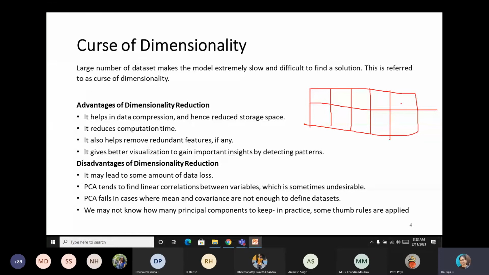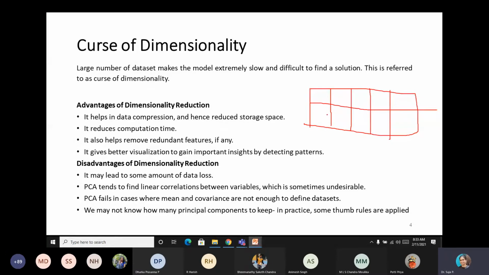Each column represents one feature. So if I have more columns, then it becomes slow and difficult to find the solution, and also the accuracy can't be very great. That is called the curse of dimensionality.